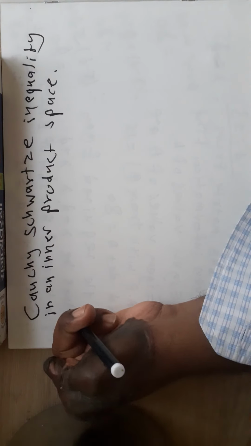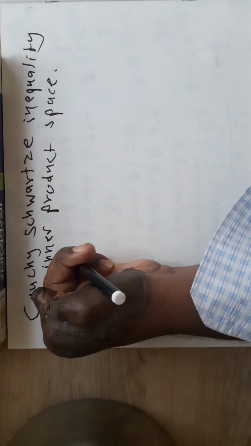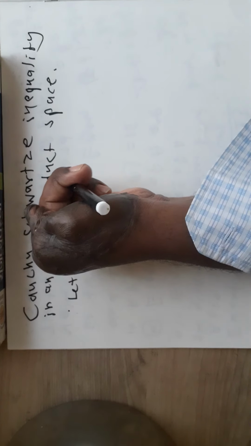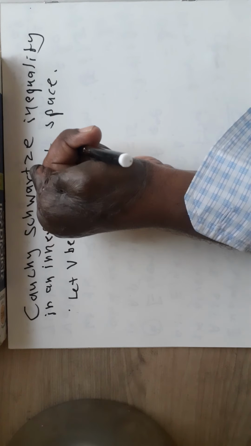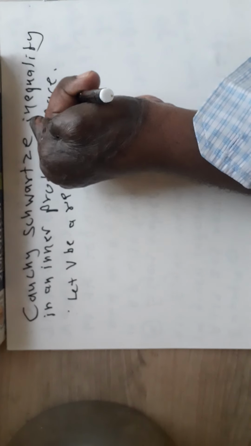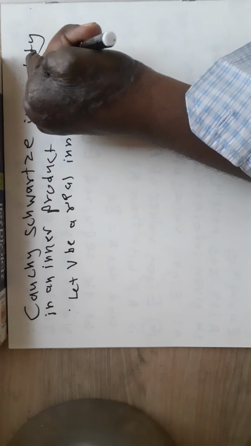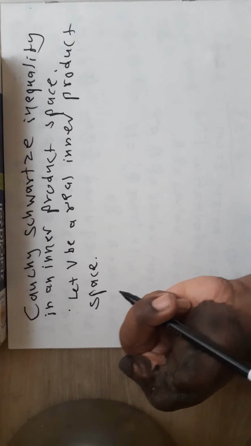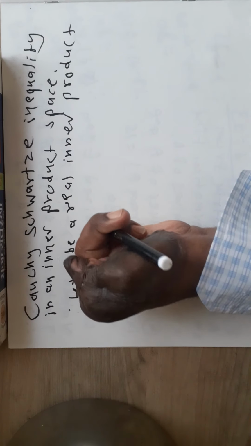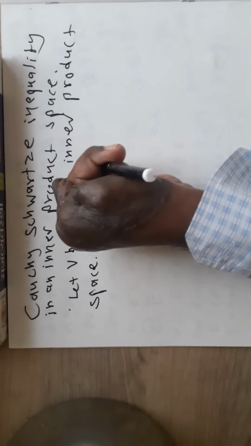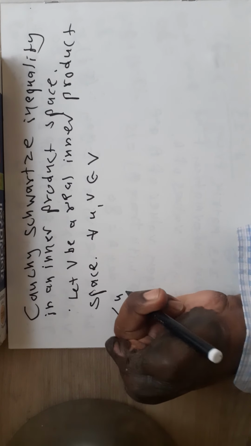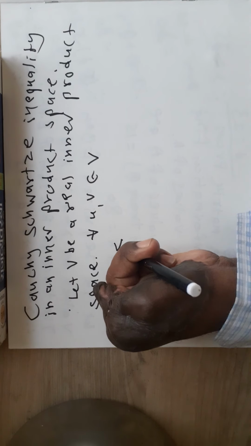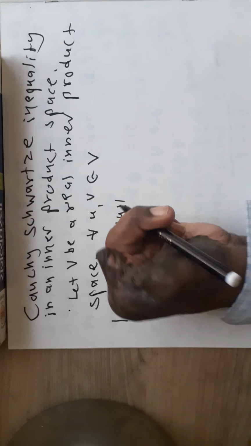Here, let V be a real inner product space. For all u, v belonging to V, the modulus of angle bracket u comma v is less than or equal to the norm of u into the norm of v.